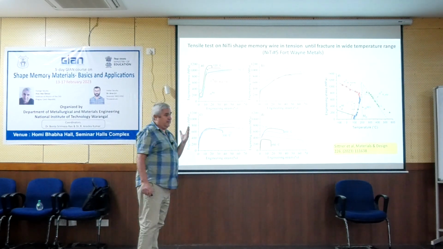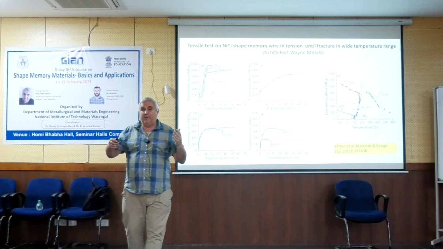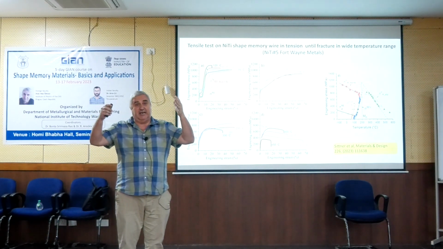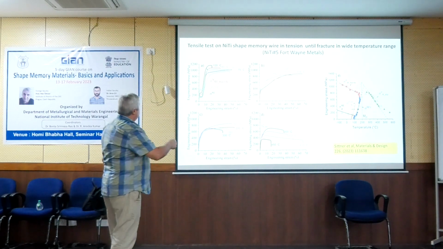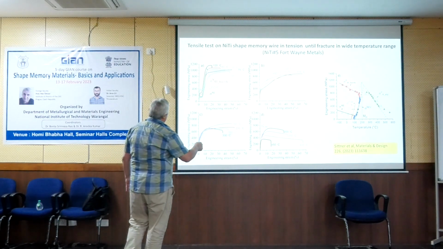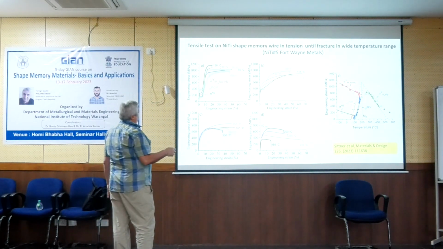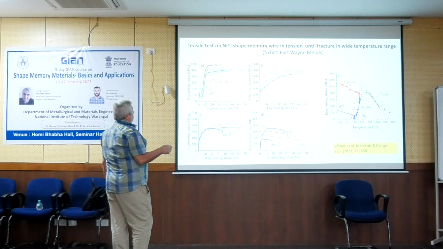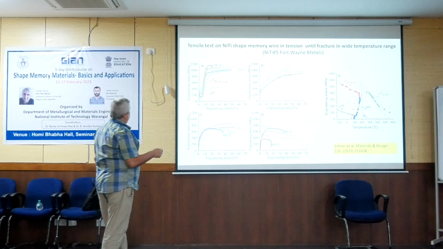I said that you have the problems with plastic deformation at high temperatures and high stresses. So this is the set of stress strain curves until fracture on the nitinol shape memory wire, which we have used in the demonstration over here.